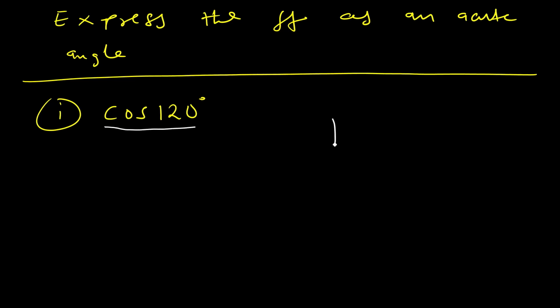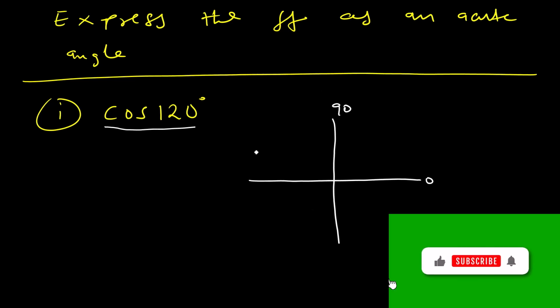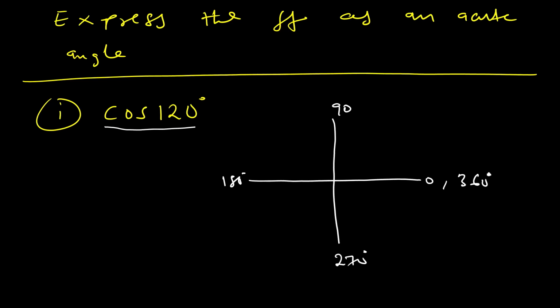Let's locate our quadrants here. We have 0, 90, 180, 270, then we are back to 360 degrees.